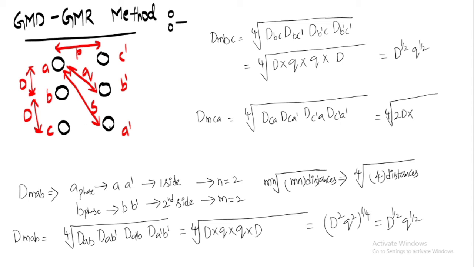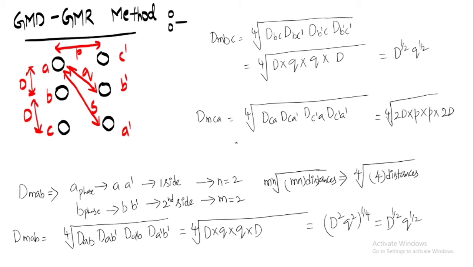C to A dash distance is P. It is the horizontal distance which is common. And C dash to A, again it is P into C dash to A dash. C dash to A dash 2 times D.